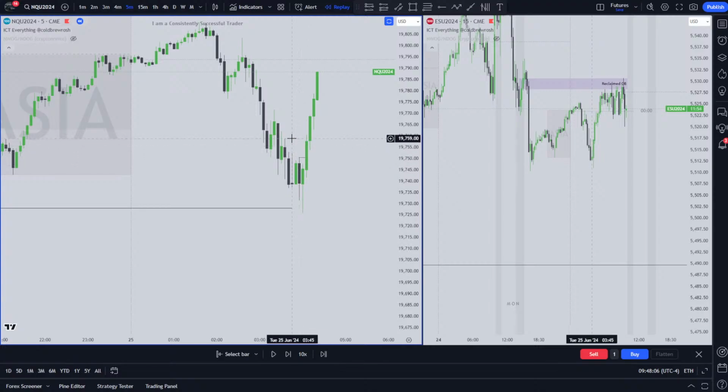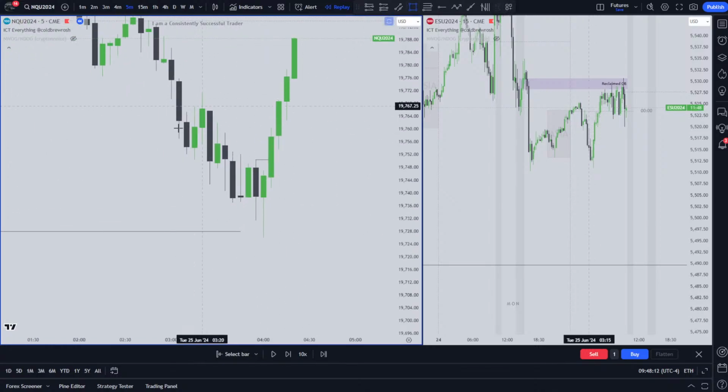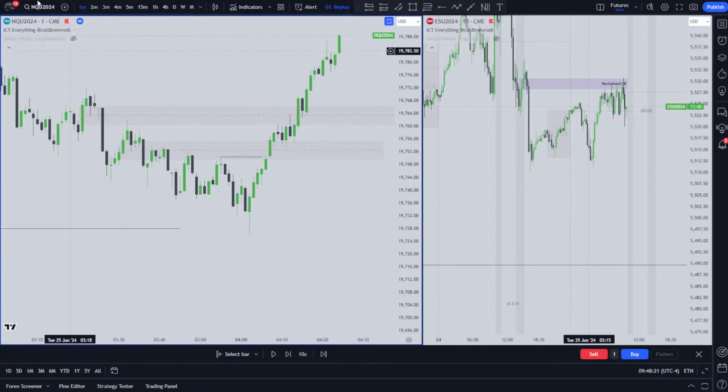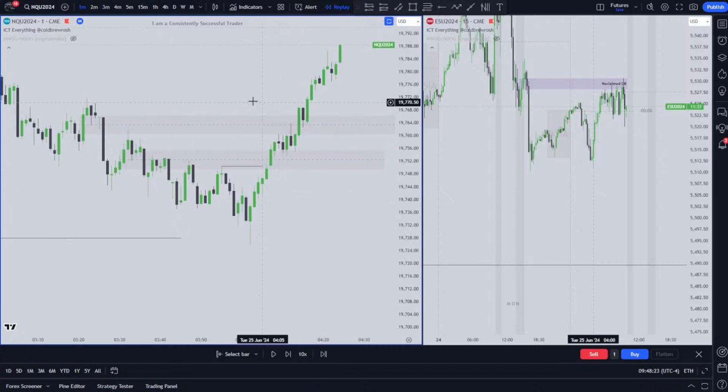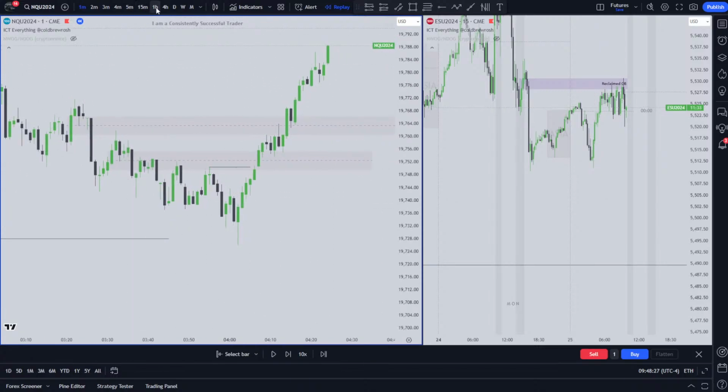You want to look at the PD arrays that are getting created or disrespected. I was going over how this is a reclaimed order block, this is a reclaimed order block, and even though it was difficult to enter like this, look how just by incorporating one extra PD array you've managed to find good entries on lower time frames that are protected.